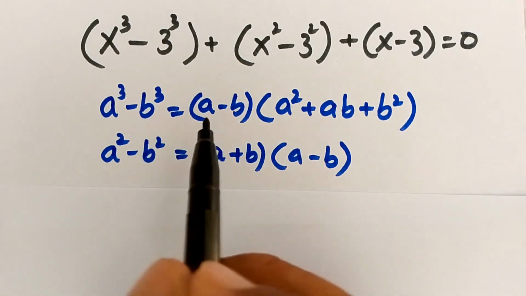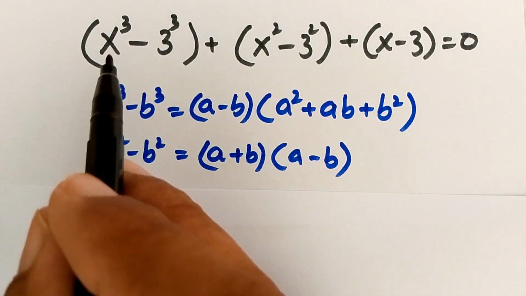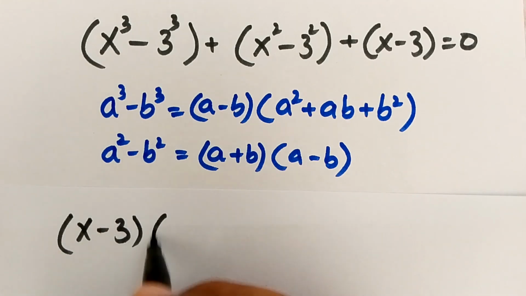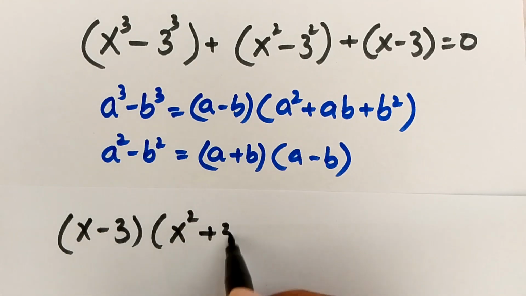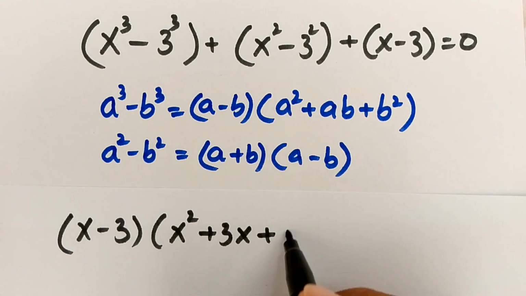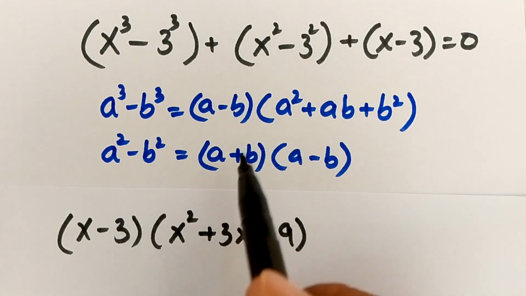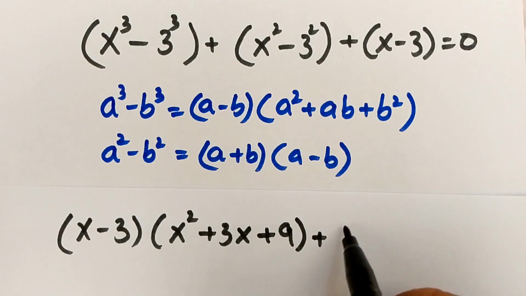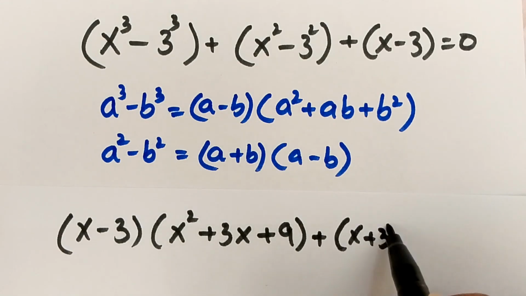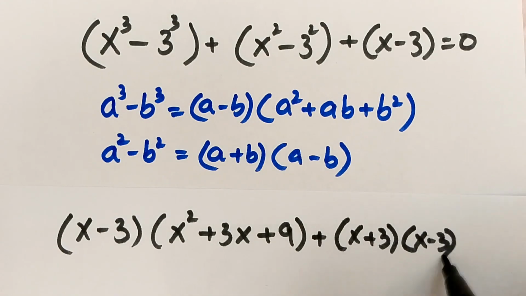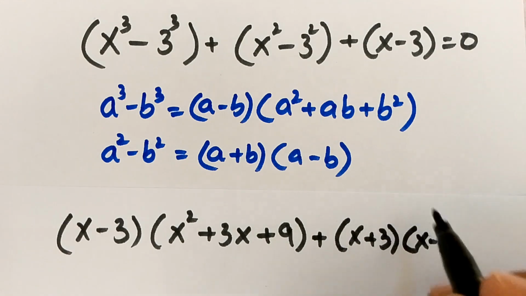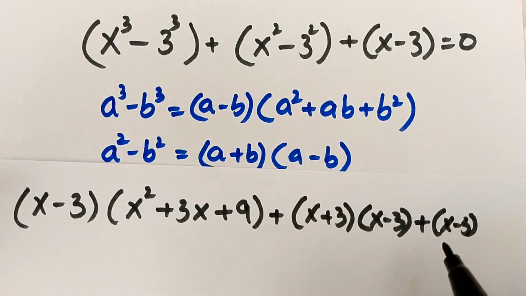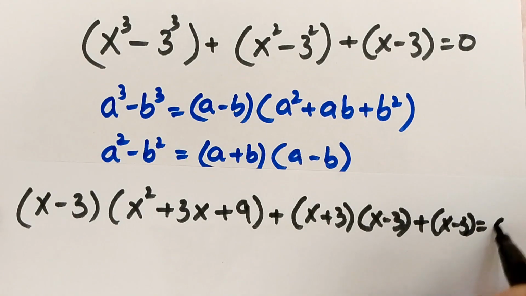Now to apply this identity, this will become x minus 3 times x square plus 3x plus 3 square, which is equal to 9. And plus x plus 3 times x minus 3, and plus x minus 3, which is equal to 0.